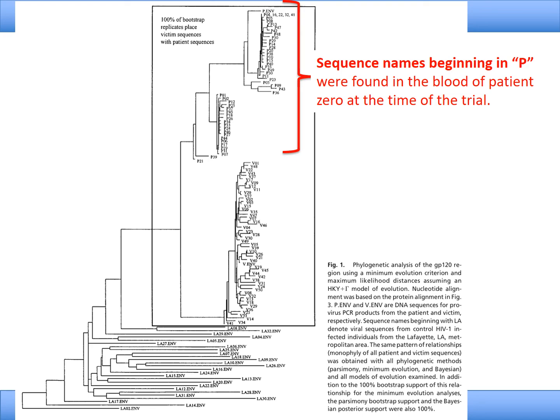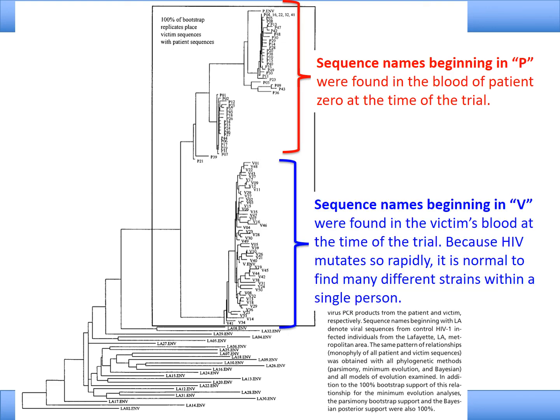And like we said, the trial was years later, so it makes sense that there are all these different strains of HIV in patient 0. In the middle here, all of the sequence names beginning with V were found in the victim's blood at the time of the trial. And as I said, because HIV mutates so rapidly, it is normal to find many different strains within a single person.